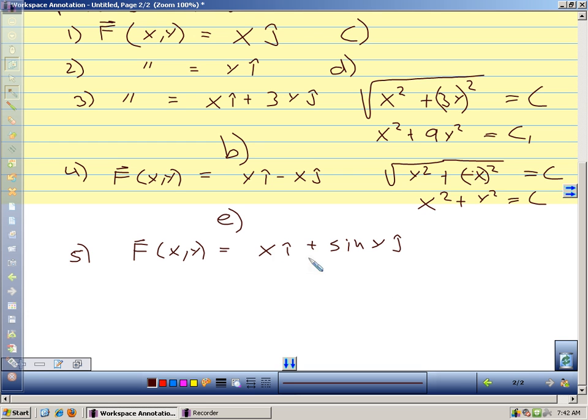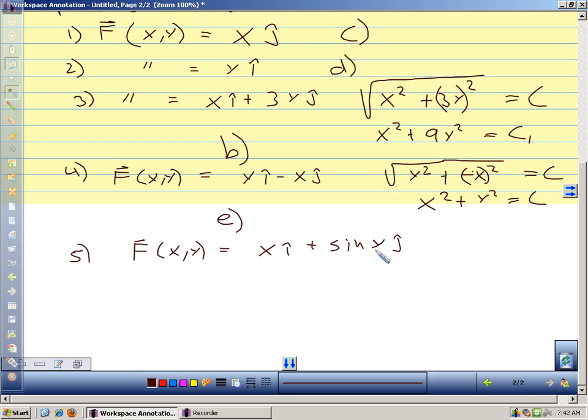So the way I would look at this is I would say that the magnitude of the y component has to be between plus 1 and minus 1. And the magnitude of the x component gets larger as we move positive or negative. So the x component is getting larger positive or larger negative. And we could also look at some points.